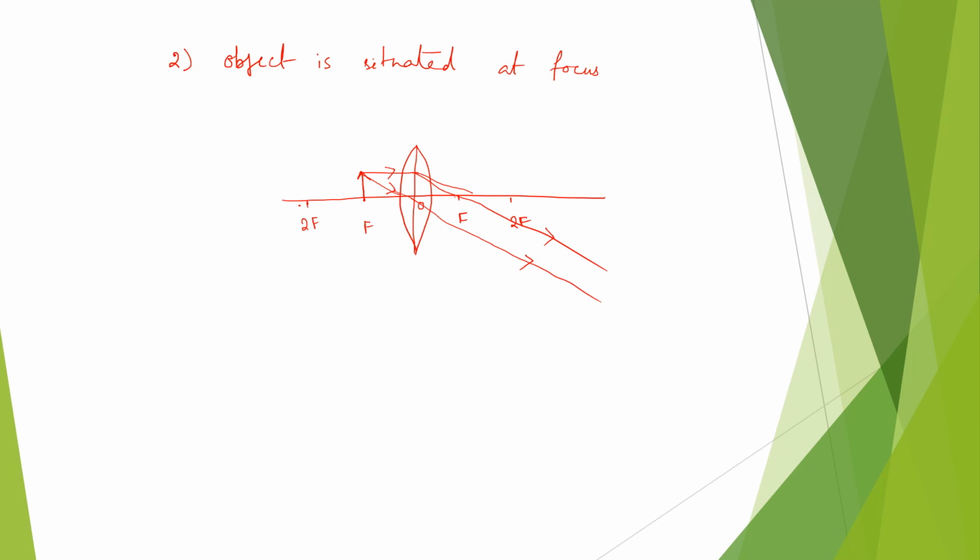If two lines are parallel, they will never meet, that means they will meet at infinity. So the image will form at infinity.